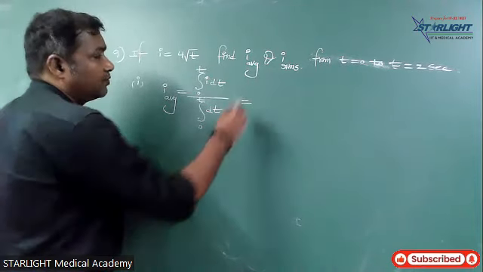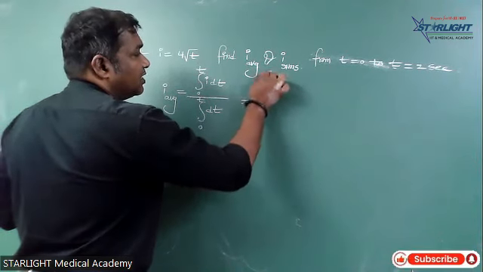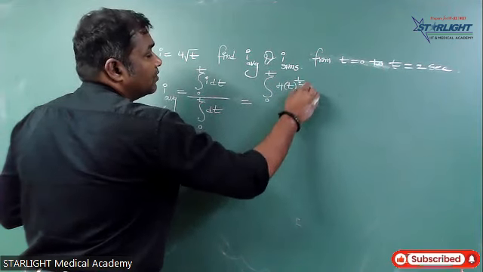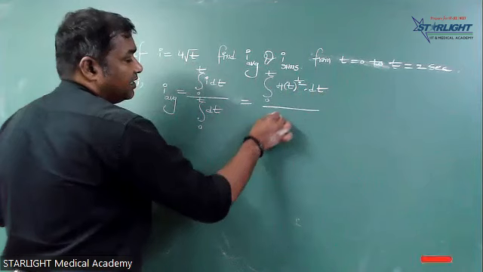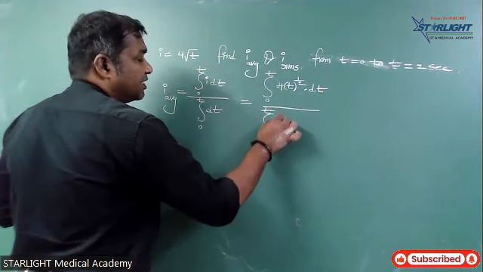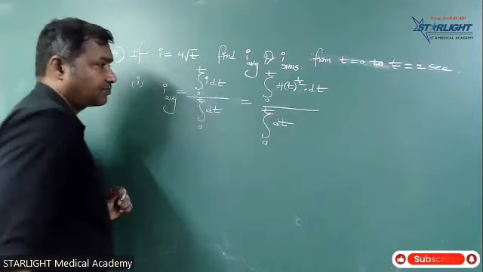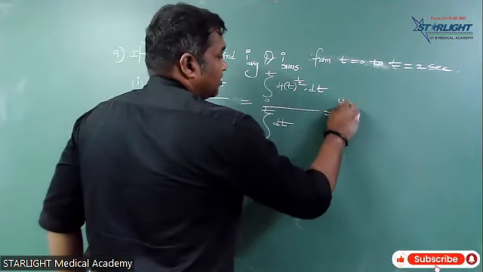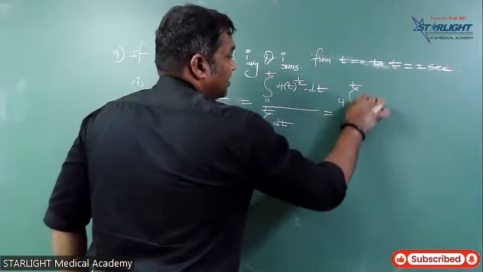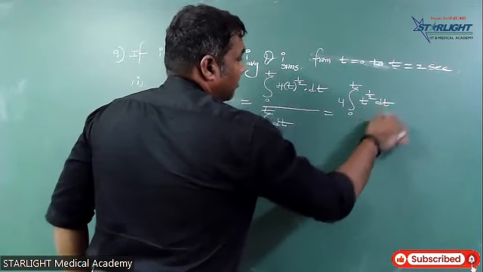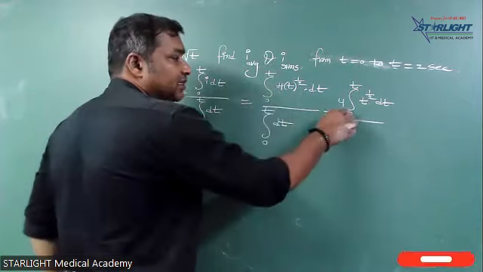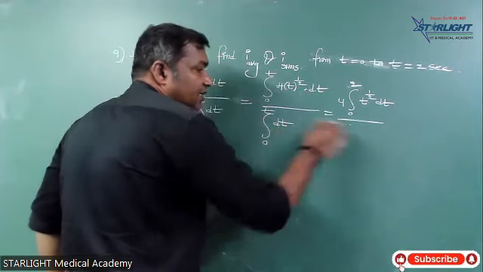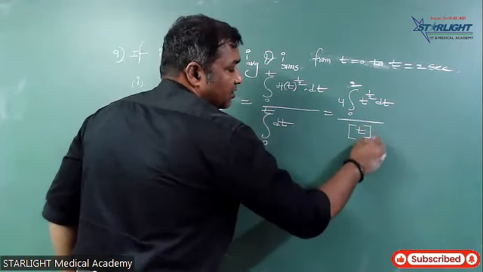I average is integral 0 to t, in the place of I, 4 t power 1 by 2 dt upon integral 0 to t dt. 4 is constant, take it outside: 4 integral 0 to t power half dt upon integral dt, with limits 0 to 2 seconds. Integral dt becomes t, limits 0 to 2.